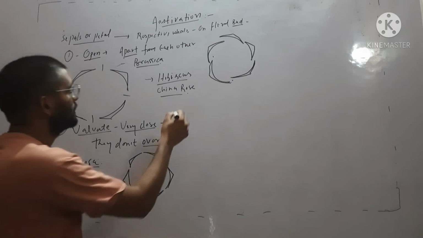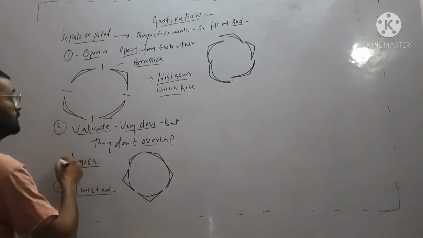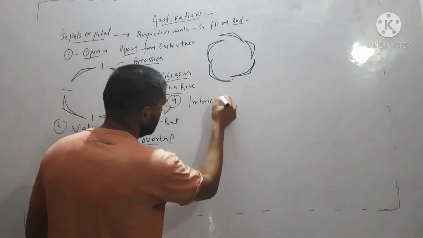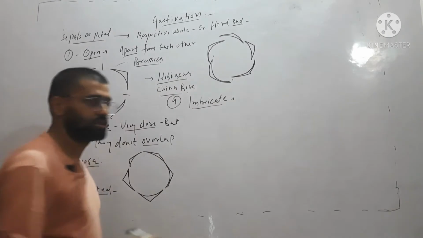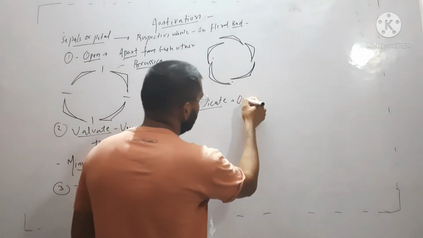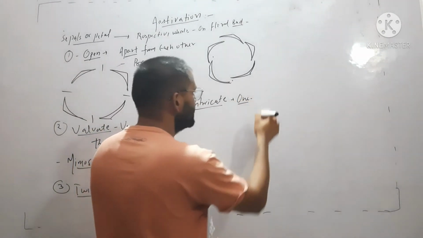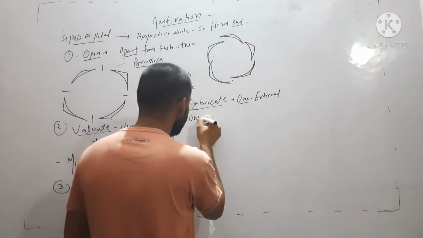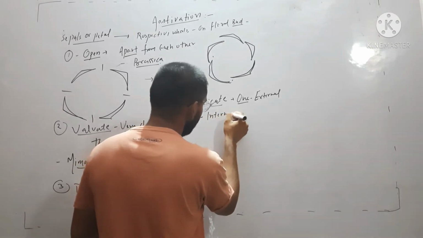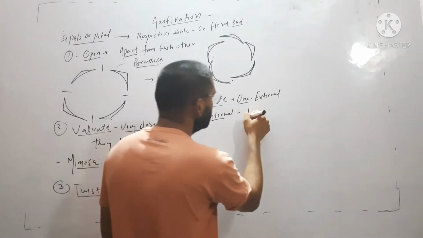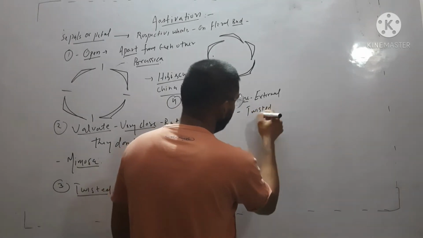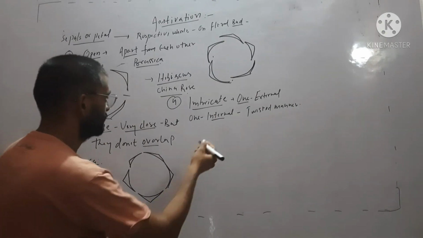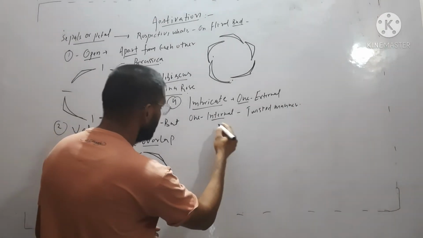The next one, the fourth one, is imbricate. In this type of estivation, one petal or sepal is external and one is internal, and the remaining ones are in a twisted manner, like this.